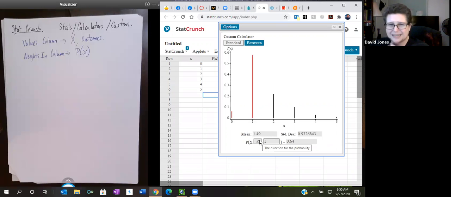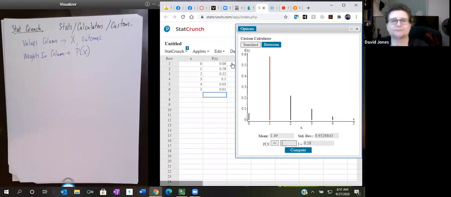So this one says X is less than or equal to 1. It's adding up the 0 and 1 column. You have options that you can change the symbol there. I could say just equals 0.58. In fact, that's directly from the table. We could say the probability, we can change it to X is greater than 0.